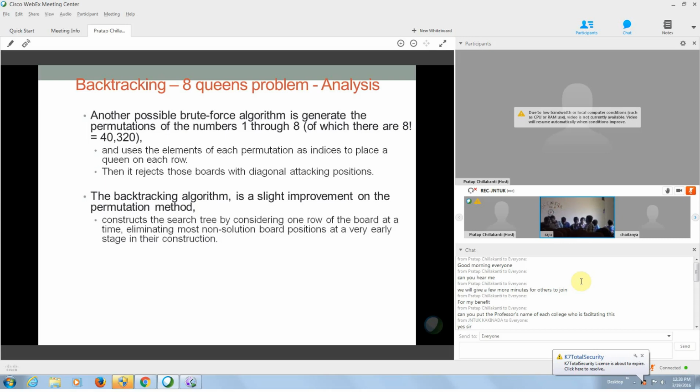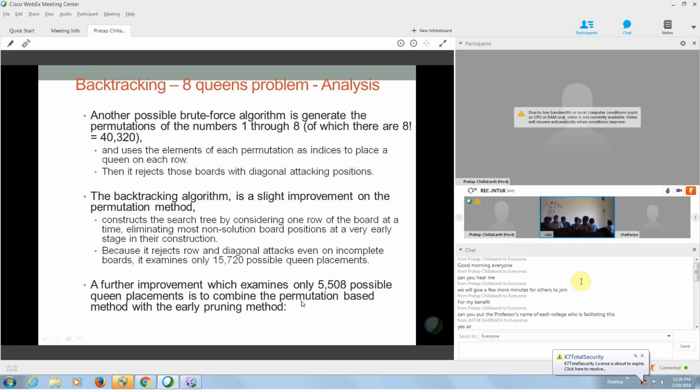So there is no reason for you to perform those permutations to check whether that's a valid position or not. So you're eliminating some positions. From 40,320, because of the backtracking algorithm, your state space has come down to 15,720 possible positions.